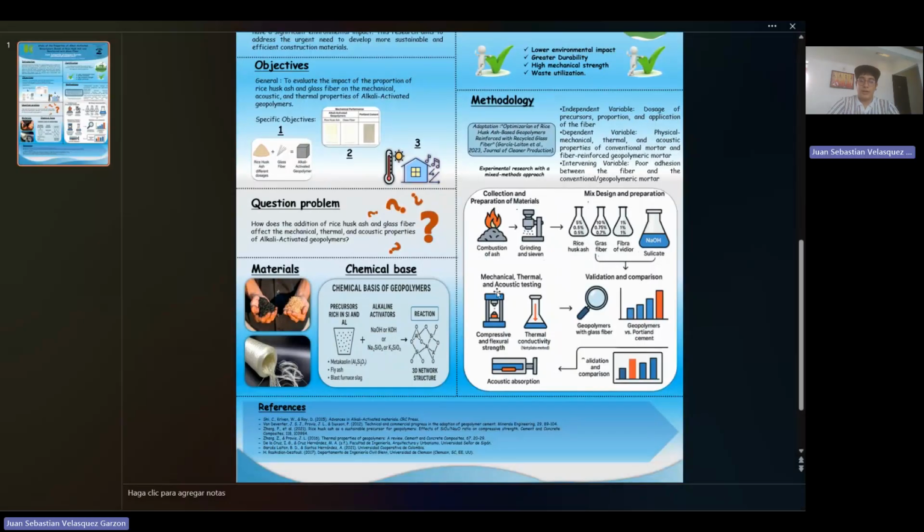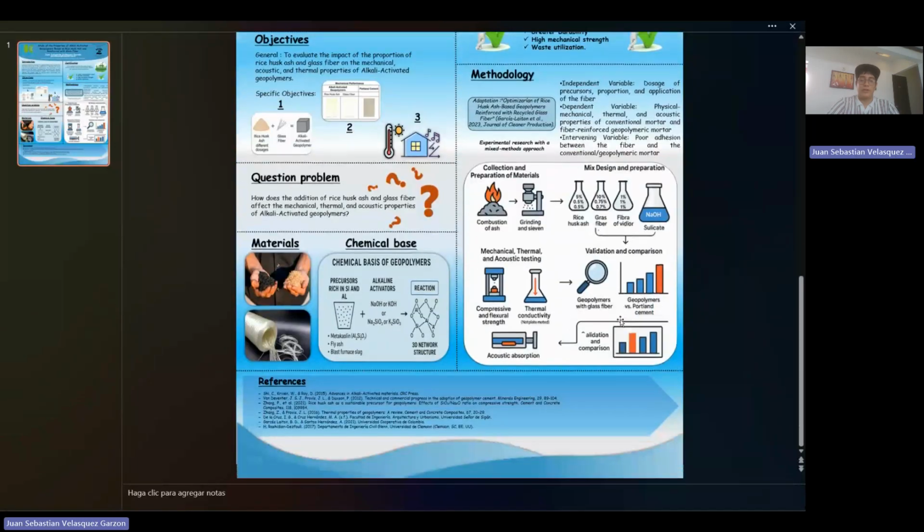Next, mechanical, thermal, and acoustic testing, such as compressive and flexural strength, thermal conductivity by the hot plane method, and acoustic absorption. This is the validation and comparison of geopolymers with glass fiber, geopolymers versus Portland cement. Thank you.